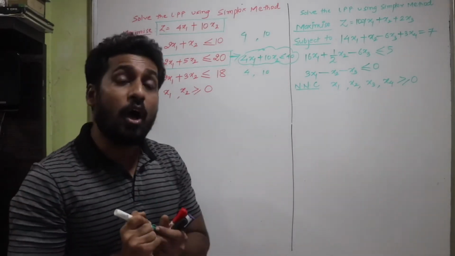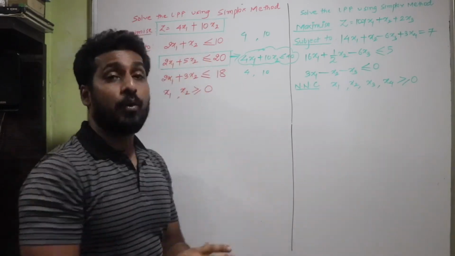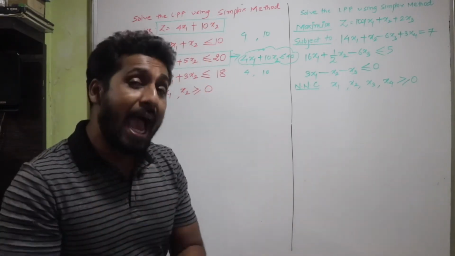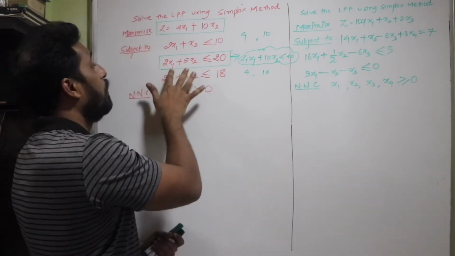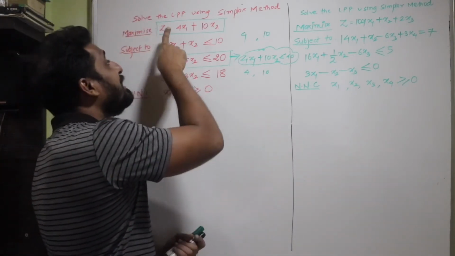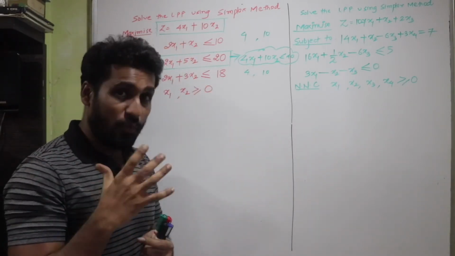So this is a clear indication that the given linear programming problem will have two or more feasible solutions satisfying the optimum solution. Listen to the statement very carefully.